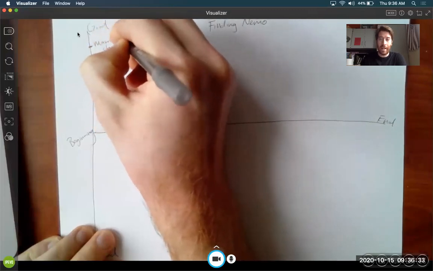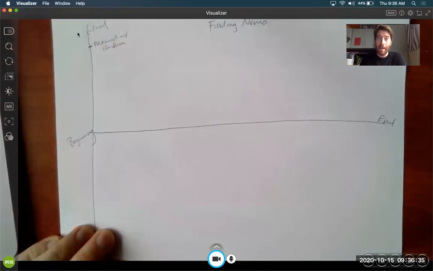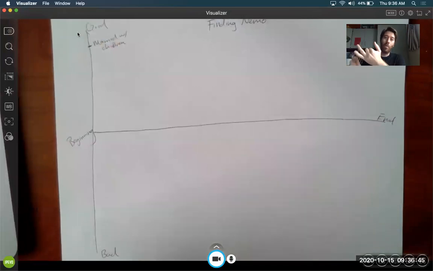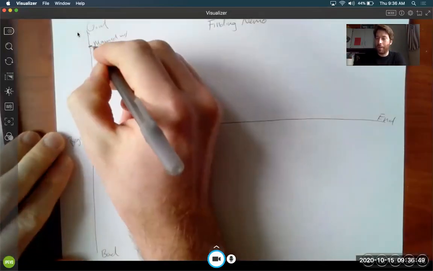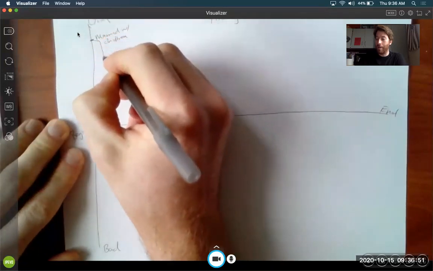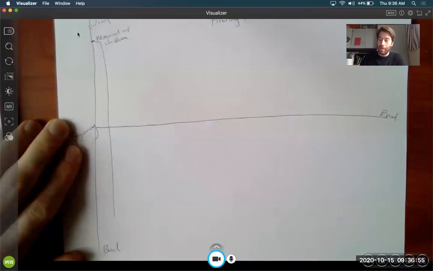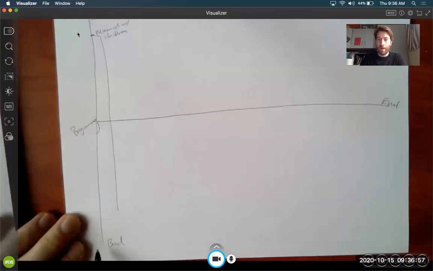One of the first things that happens in this story is what? The barracuda comes. The barracuda comes and it destroys their family. It eats Marlin's wife, and only one egg is left behind. So I would argue that if you're going to draw that shape, immediately, boom, he goes from having the best thing happen to almost the worst thing happen. Now, the question is, does he go all the way down here to the worst possible place?